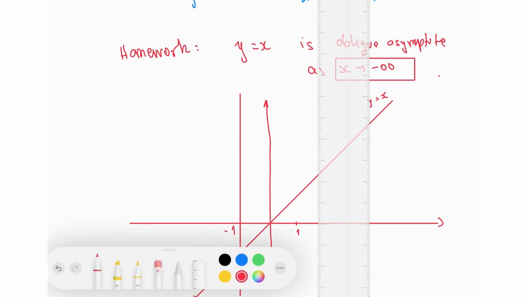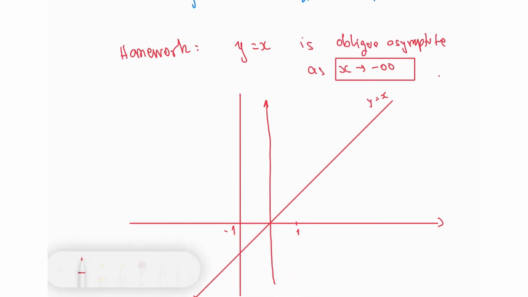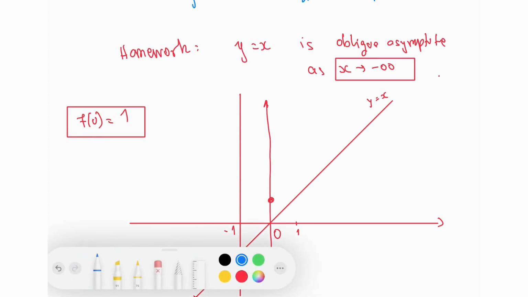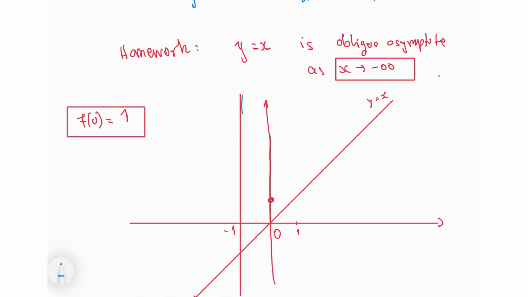And now, just for the sake of completeness, f of 0 is 1. So that can help us. So this is f of 0. We know that the function goes down here.